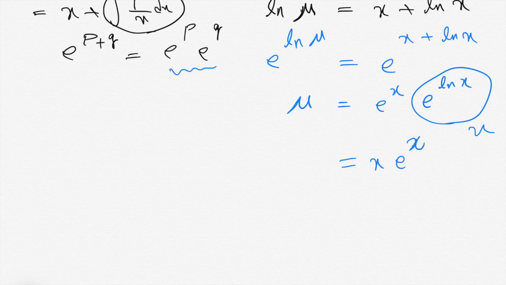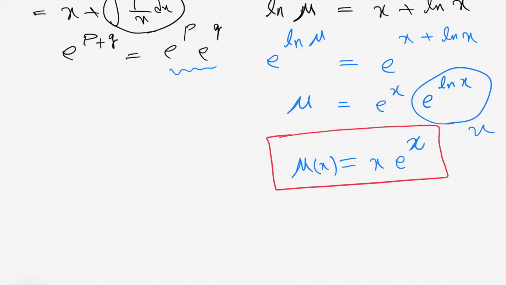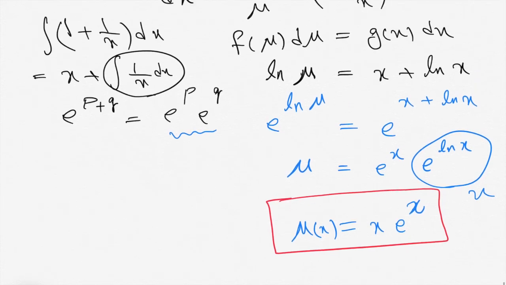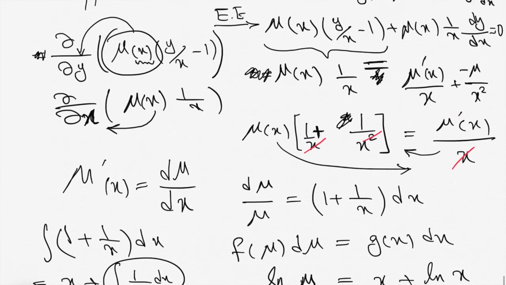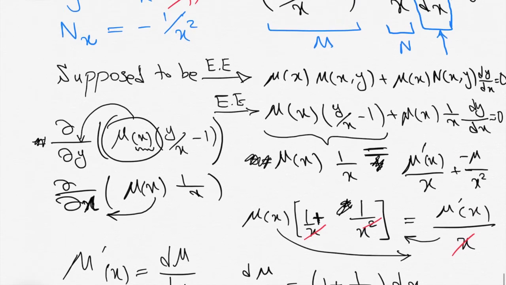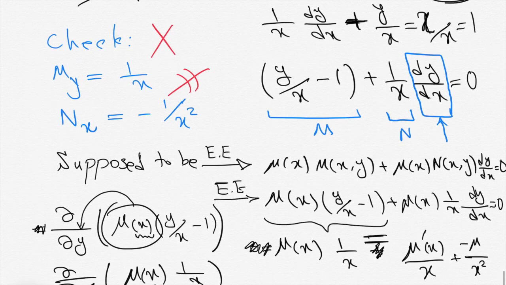Therefore, this is going to be x e to the power x, right? So we found a function named integration factor, which if we multiply it to our equation, then it's going to be exact.